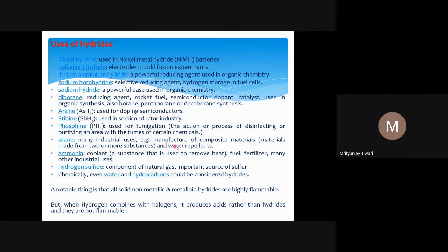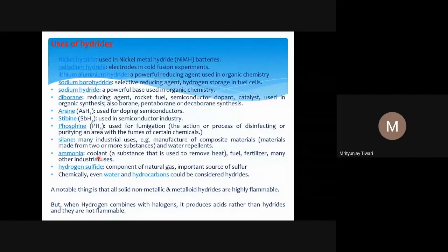They are used in the manufacture of composite materials, which are materials made from two or more substances. Many times we need those composite materials. Silanes are also used as sealants and in water repellents, meaning waterproof materials, like those used in watches and other things.